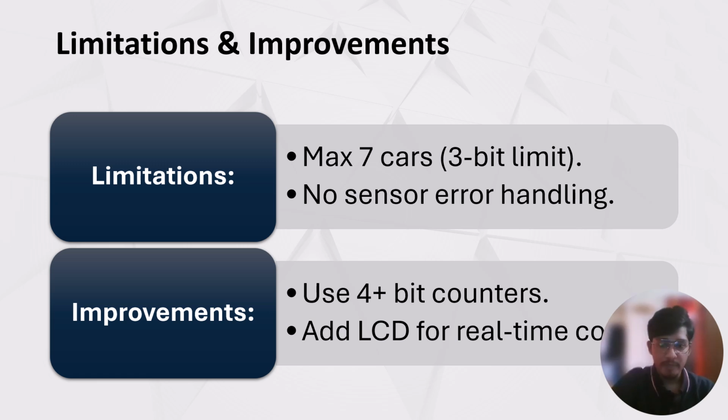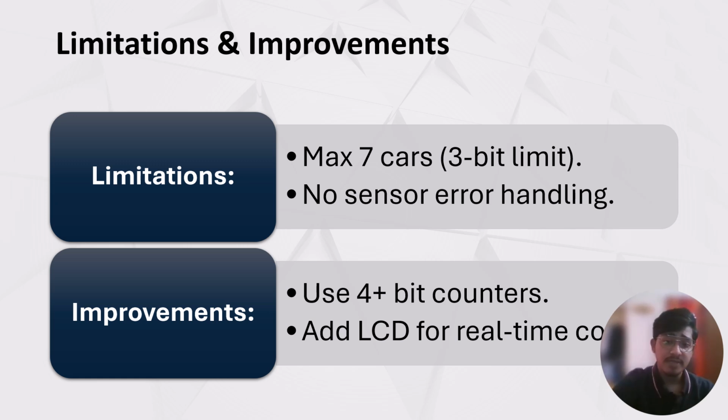Limitations and improvements. By doing this work, we have some limitations, and after completing my task, I thought there will be a need for some improvements also. The limitation here is that the max capacity of cars is 7, which is very low, and we are using only a 3-bit limit, and there is no sensor error handling.